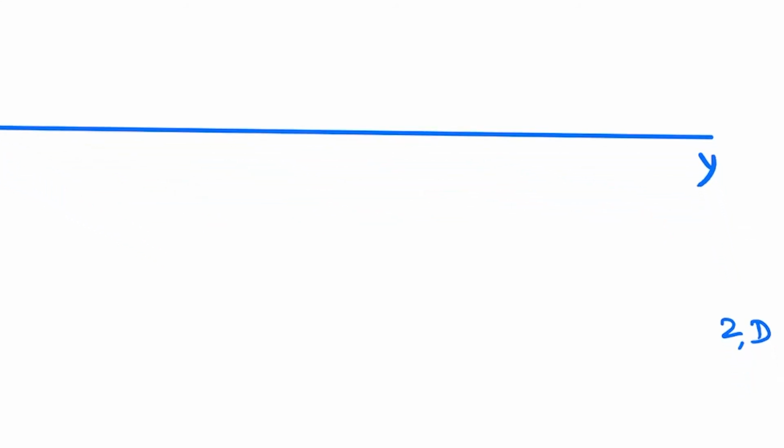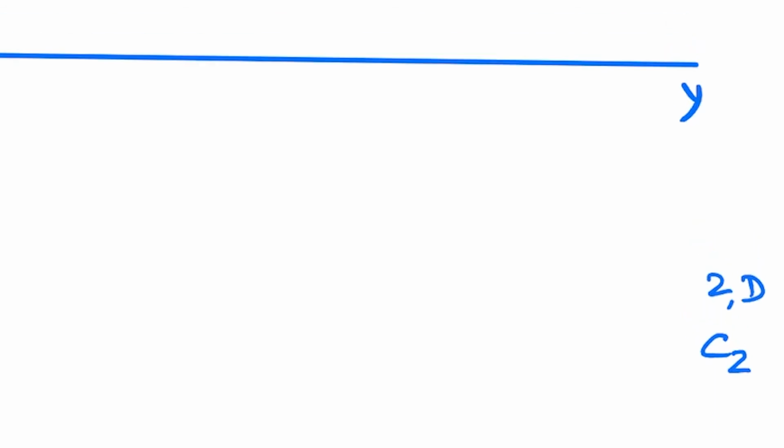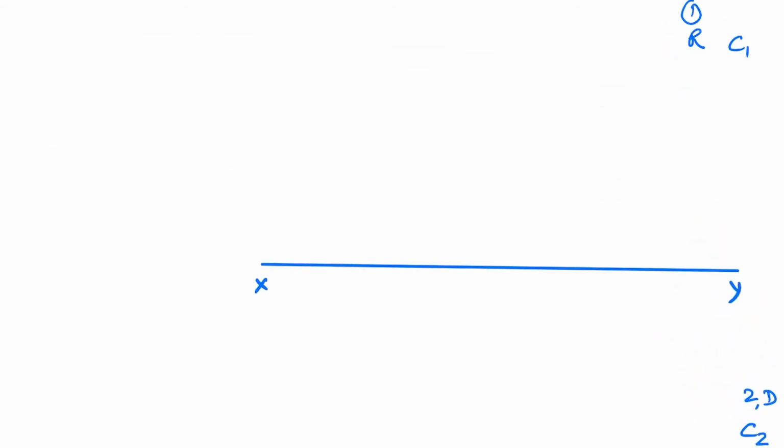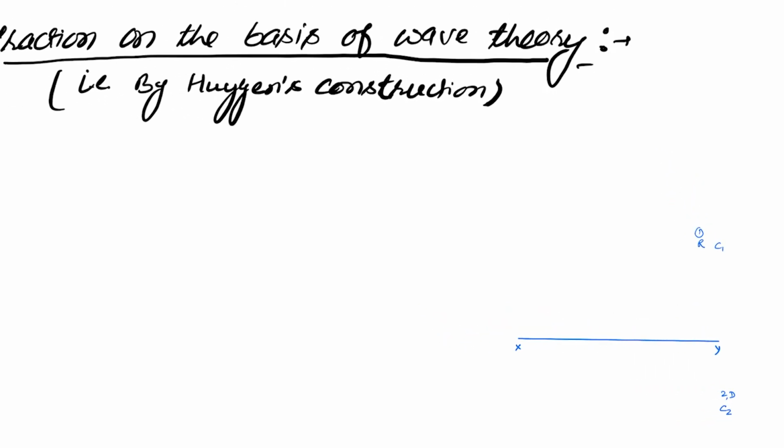Let this first medium be the rarer medium, I am using R for rarer, and the velocity in this medium is C1. This second medium is denser, I am using D, and the velocity in this denser medium is C2. C1 is the velocity of light in the rarer medium, and C2 is the velocity of light in the denser medium, medium 2.